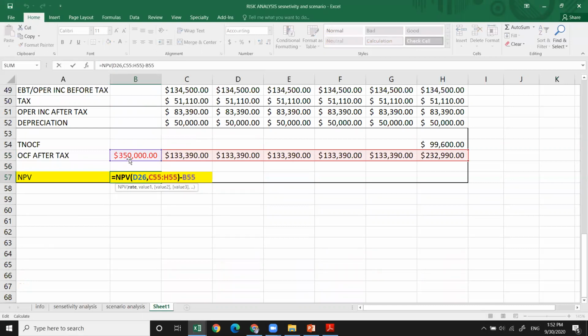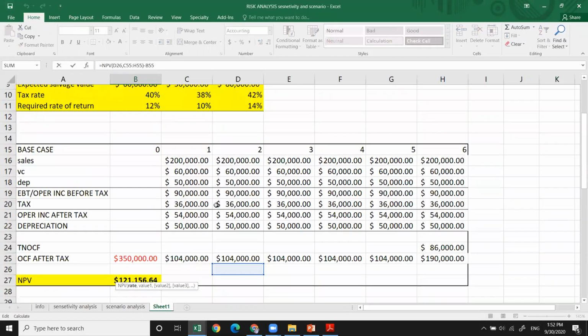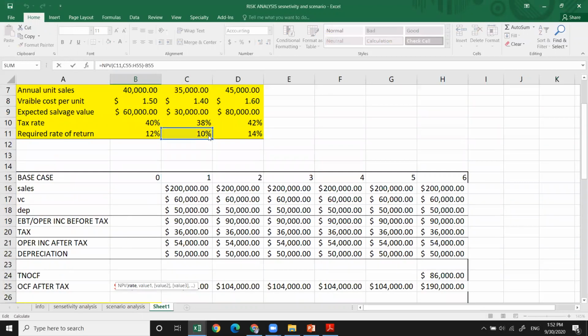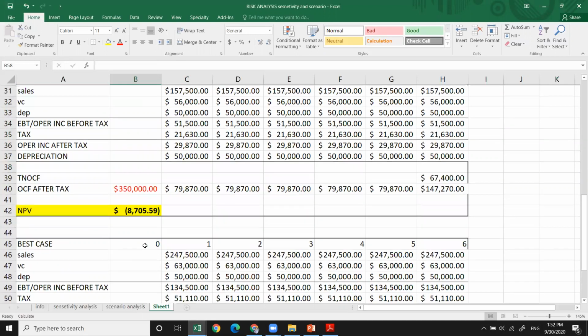And my rate is not 14, but it's 10%, the lowest discount rate. Okay, this is my best scenario.